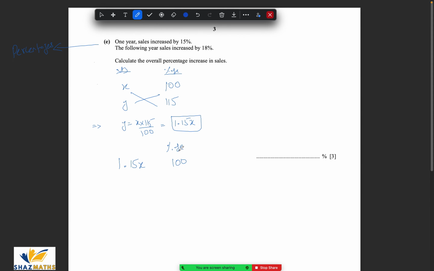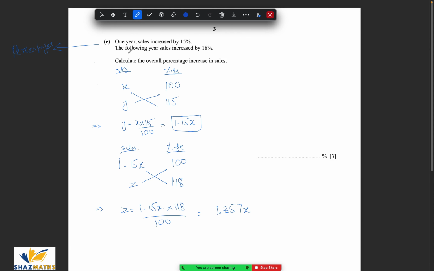So I'm gonna again compare the percentages. Let's call the final value Z. Z equals 1.15x times 118 over 100. And if I solve it out, it's going to be 1.357x.